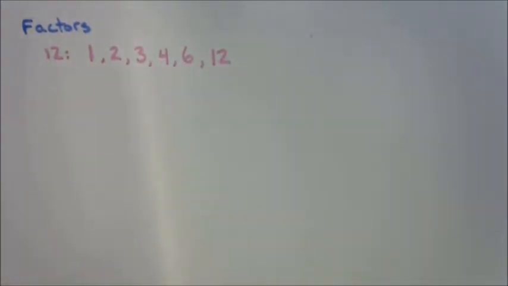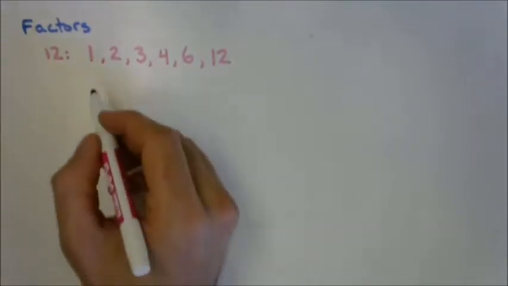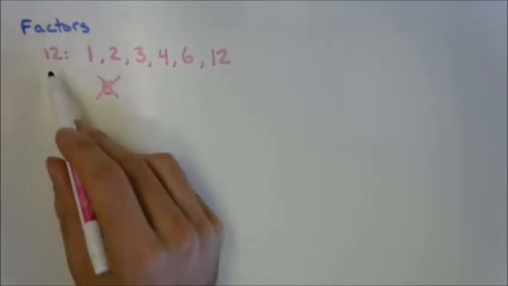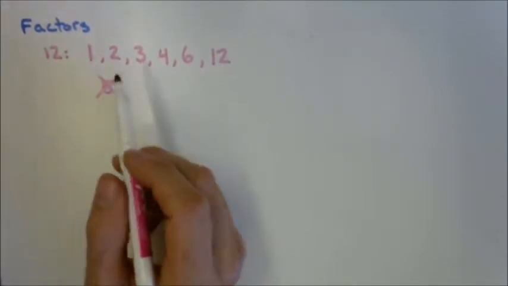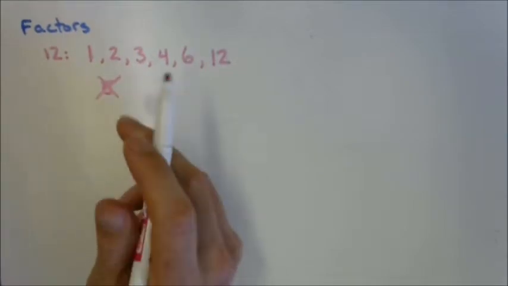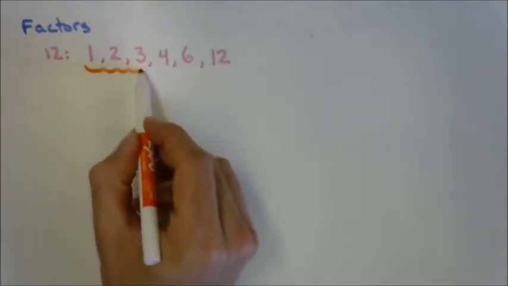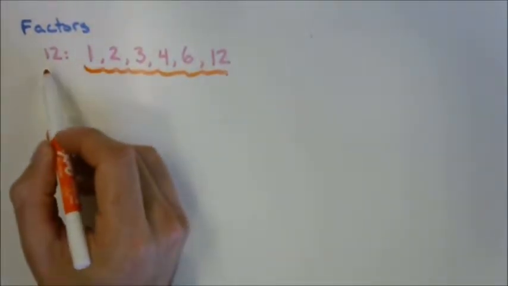Those are all of the factors of 12. 5 is not a factor because there's nothing that can be multiplied by 5, not a whole number, to get 12. Okay, and anything bigger than 12 couldn't possibly be a factor of 12. Basically what we're saying is these are the numbers that can be multiplied by each other to get 12.